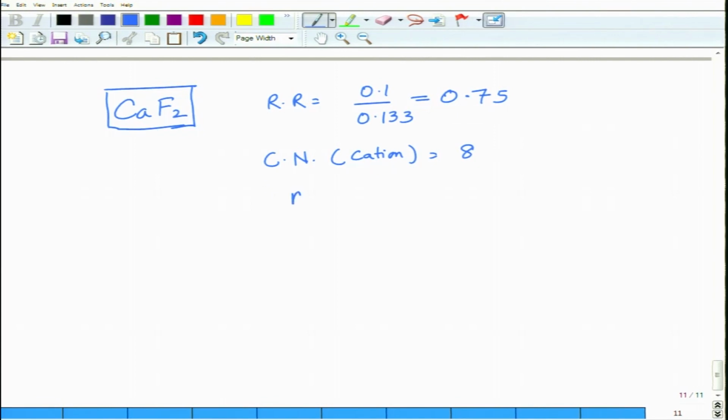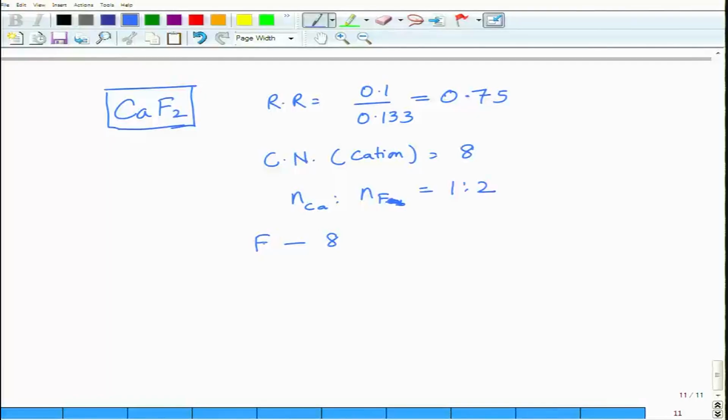CaF2 has, for one calcium, 2 fluorines. Valence wise, calcium has +2, fluorine has -1. So if the number of atoms and the valences are now uneven, then coordination number is also going to be uneven.